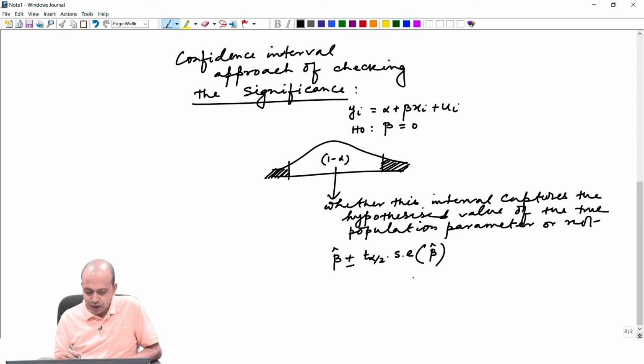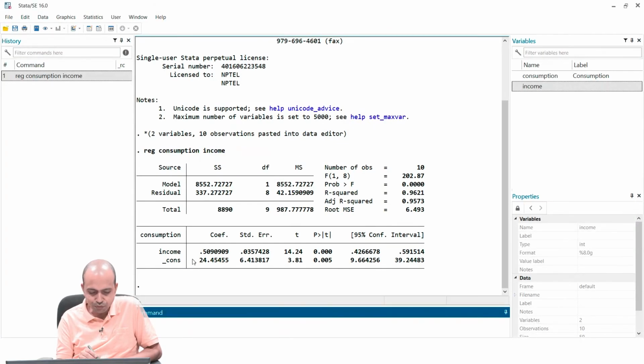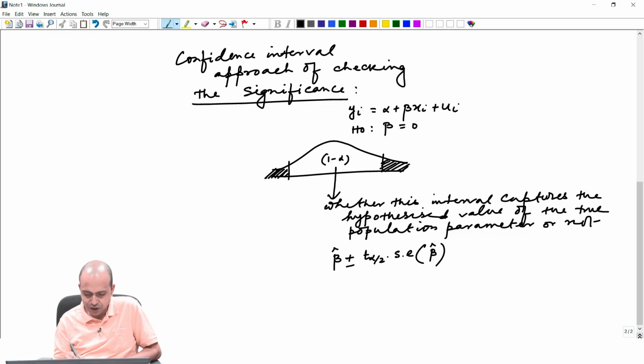So, from this particular example, what is beta hat? Beta hat is 0.5090 and standard error is 0.0357, and the calculated value of t is 2.36. If you put all these values, this is called the lower limit of the interval, and this is called the upper limit.